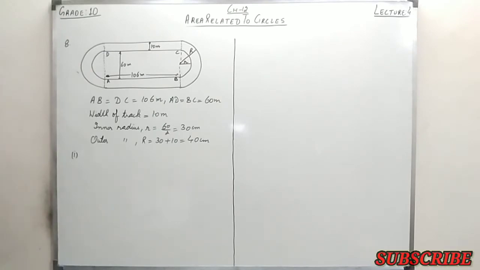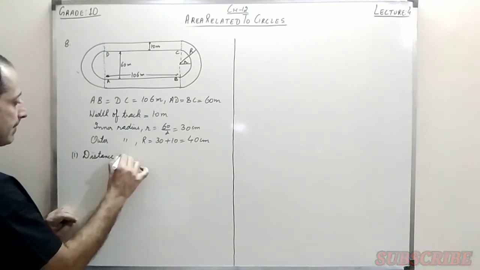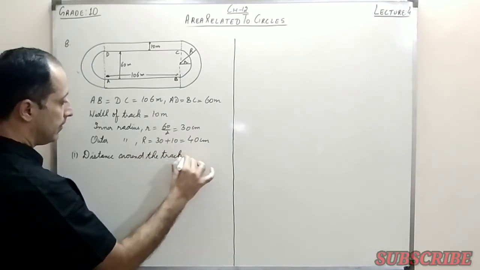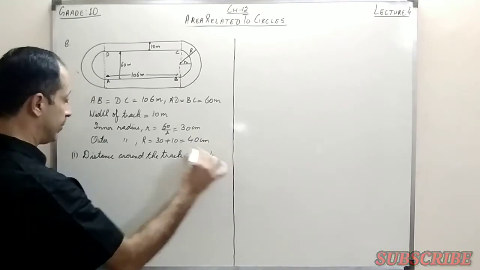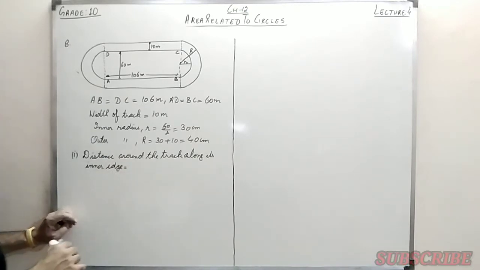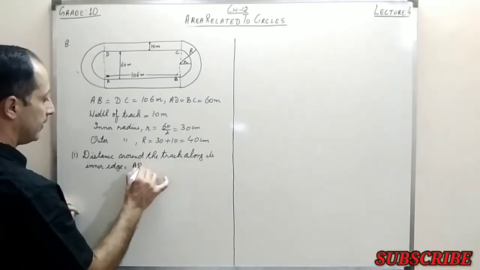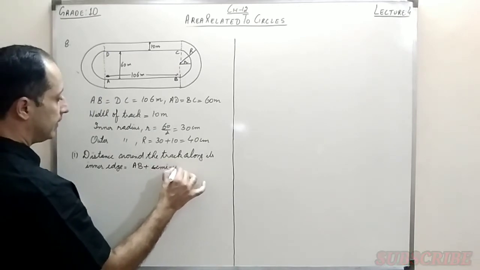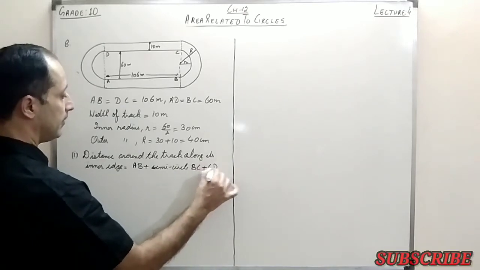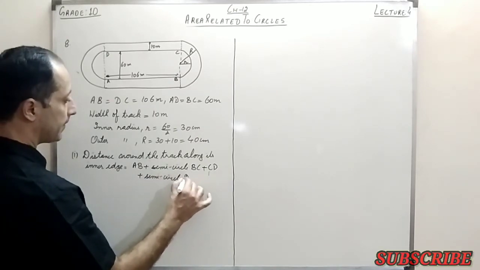So now the distance around the track along its inner edge, that will be equal to AB plus semicircle BC plus CD and plus semicircle DA, right?